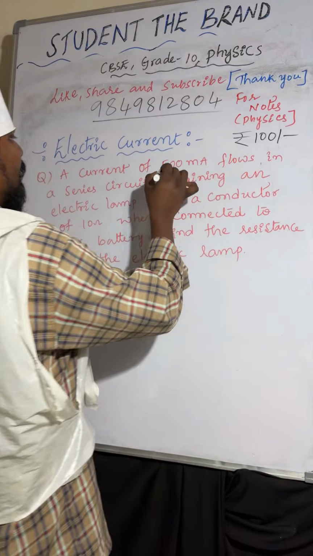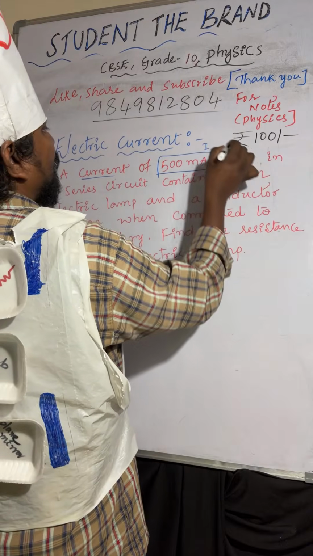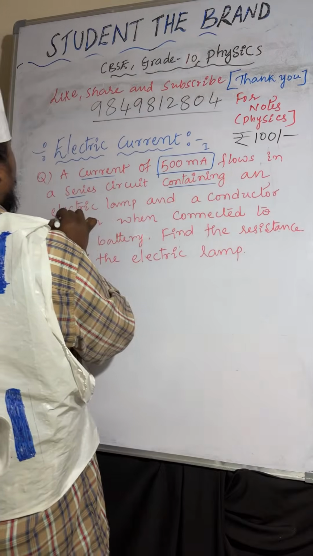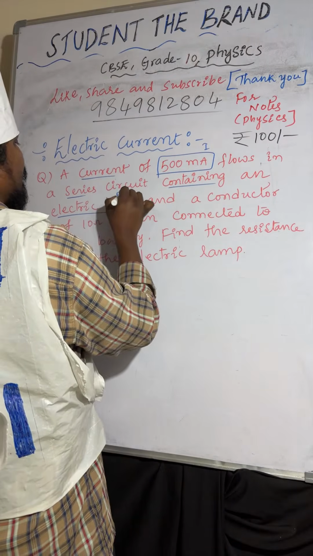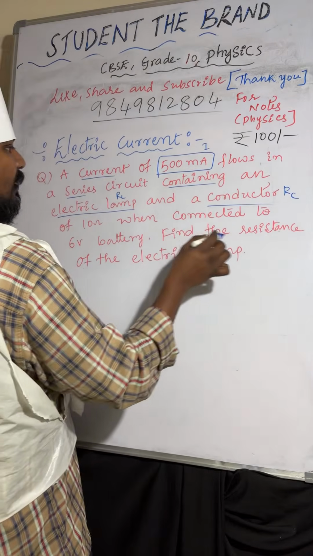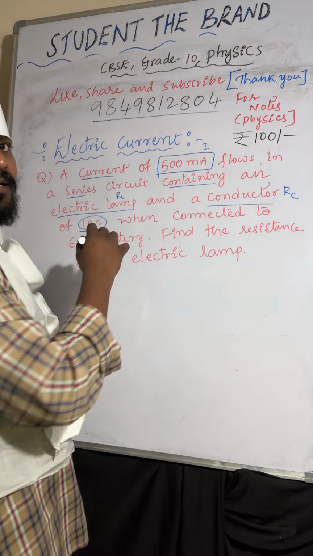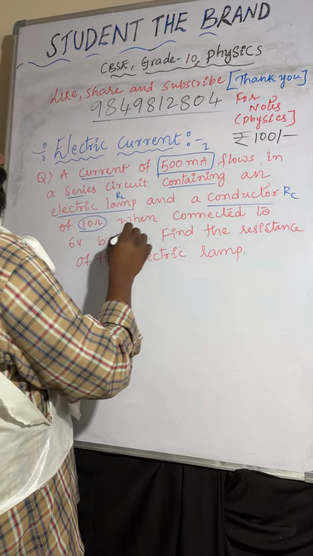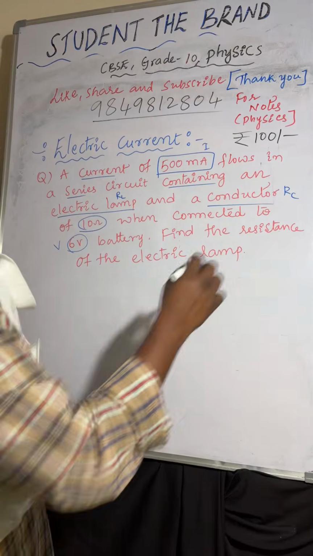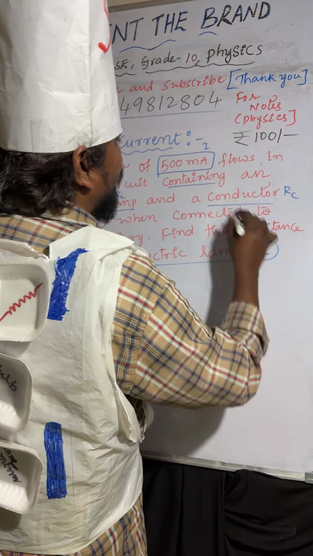Here they gave the current I, flowing in a series circuit containing an electrical lamp, resistance of the lamp, and a conductor, resistance RC, which is 10 ohm. When it is connected to a battery, the potential difference is given. Find the resistance of the electrical lamp. Resistance of the lamp we want.